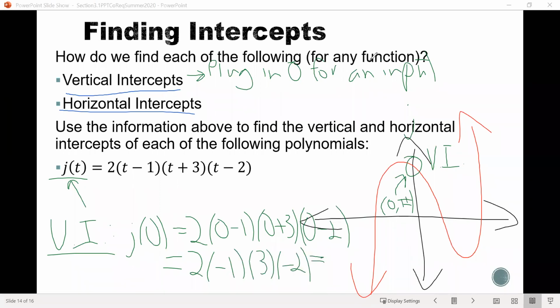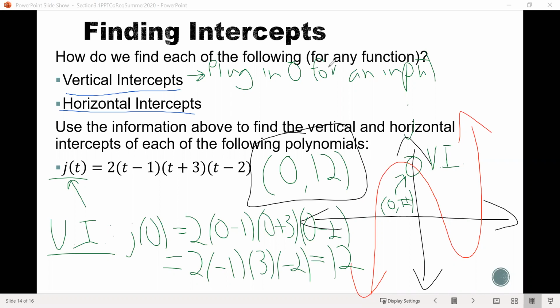If we multiply all that out, negative 2 times 3 is negative 6, times negative 2 is 12. If we write our intercepts as coordinate points, we see that the vertical intercept of this function is at the point 0, 12.